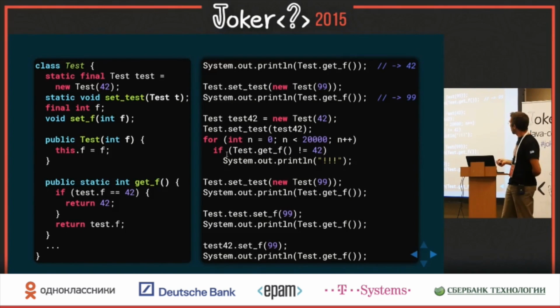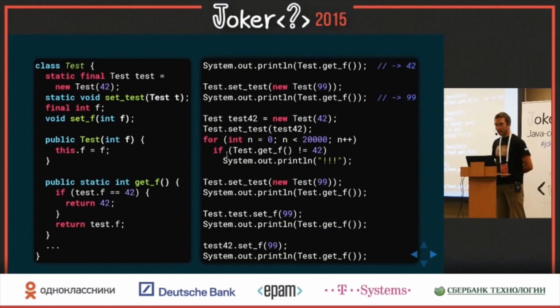Now again we create a new test object, and this will be initialized with 42 again. We set the new test object, we reset the static test field to point to this new object, and we call 20,000 times in a loop the getF function.